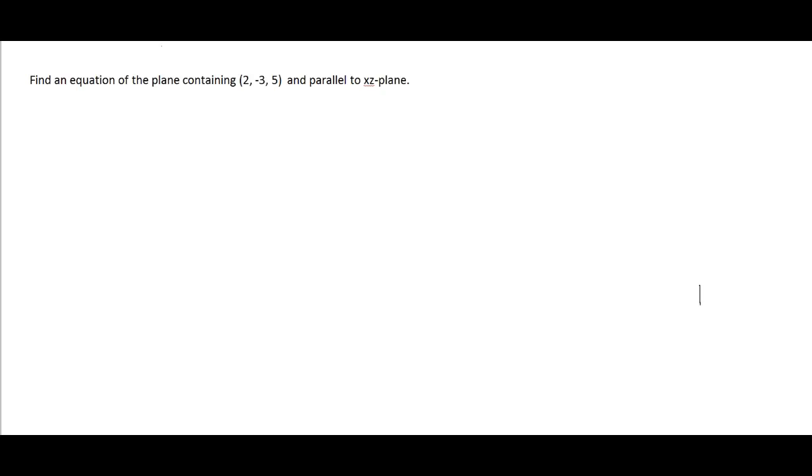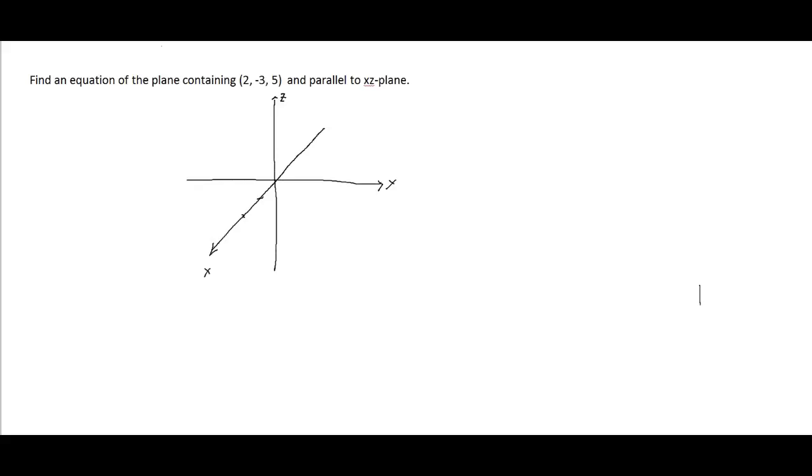So let's try this example. This is asking us to find an equation of the plane that is containing the point 2, negative 3, 5, but parallel to the xz plane. So let's try to visualize this a little bit. So here is the z-axis. Say that this is the y-axis and the x-axis, like so.